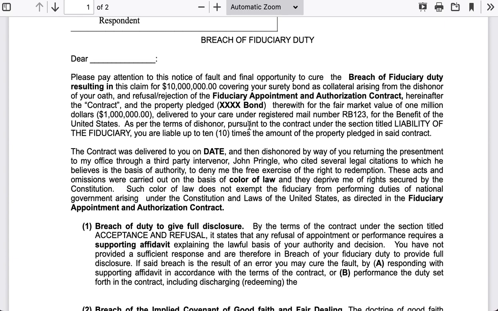Two, they can respond, supported by an affidavit under penalty of perjury, giving full disclosure or providing clarity of why you are for some reason not or denied the privilege of discharging a debt that you can't pay for, and why they are going against or opposing all of the laws that were set out in the memorandum.